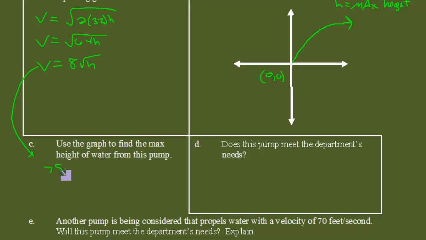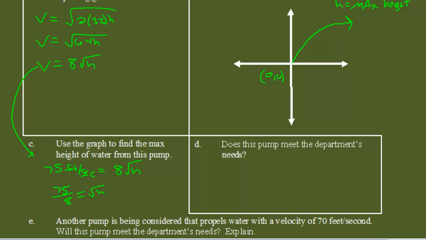Velocity 75 feet per second. Get h by itself, I'm going to divide both sides by 8. And square both sides. I use my calculator here.